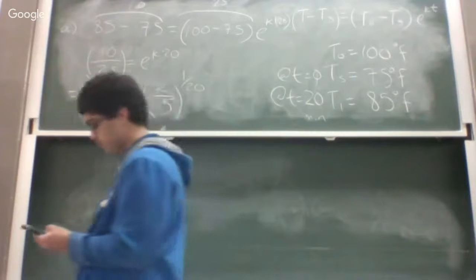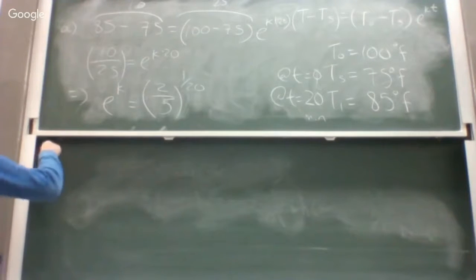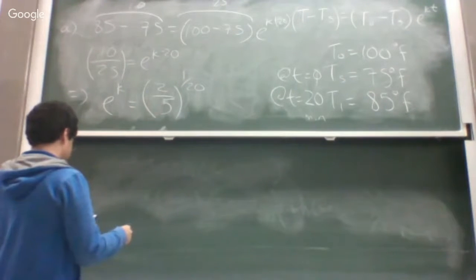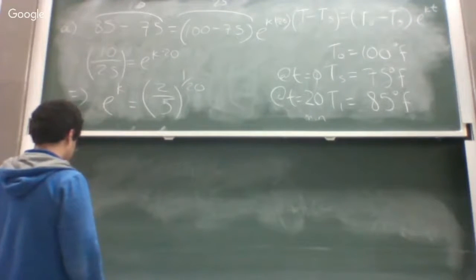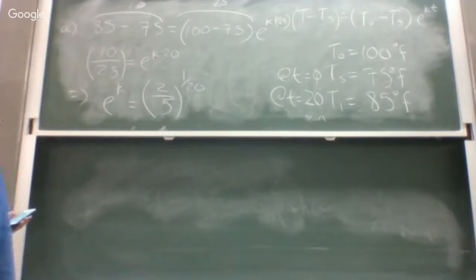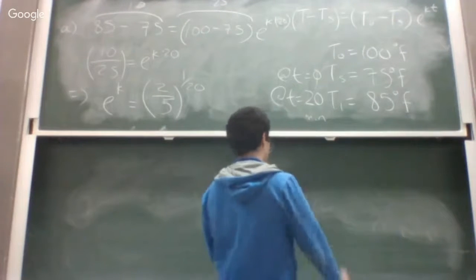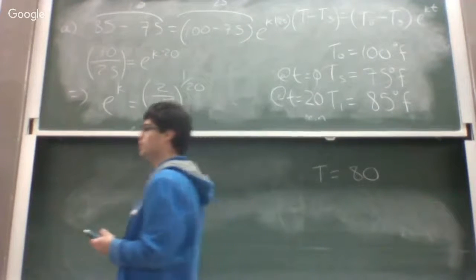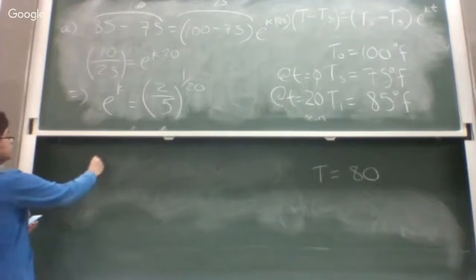Now we need to find t in terms of natural logs, when the temperature was equal to 80. So essentially we're finding the time when the temperature was equal to 80. Our equation changes a little bit.